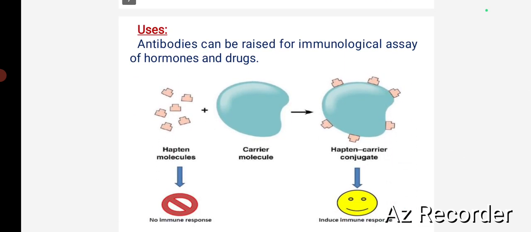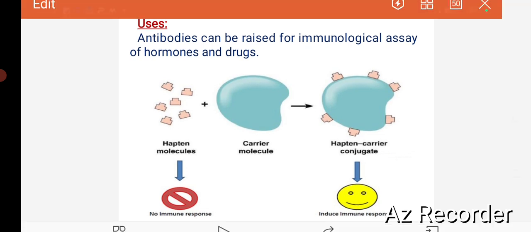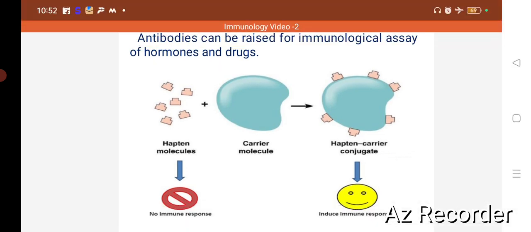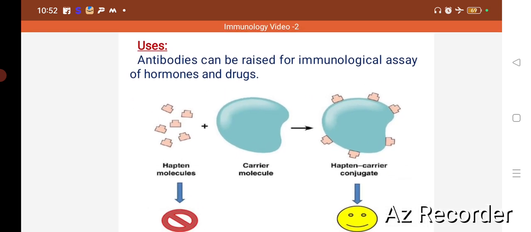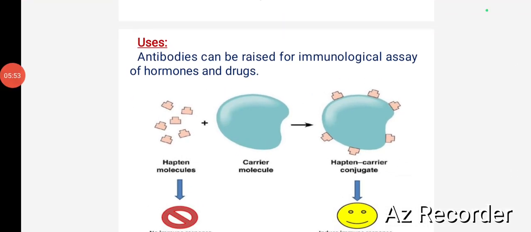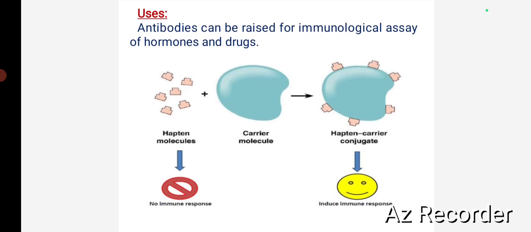Next one, uses of hapten. Antibodies can be raised for immunological assay of hormones and also drugs. Already I told you hormones and drugs are examples of hapten. A hapten molecule alone does not produce an immunogenic response.